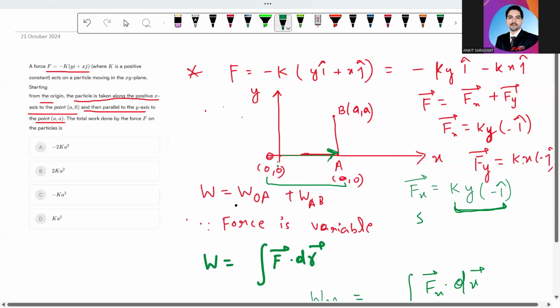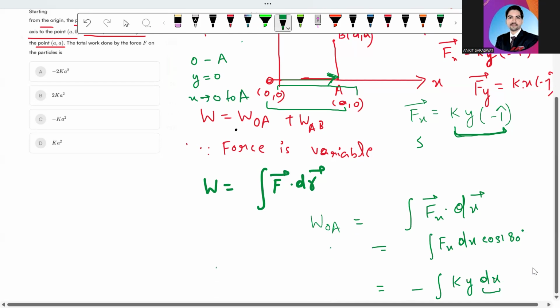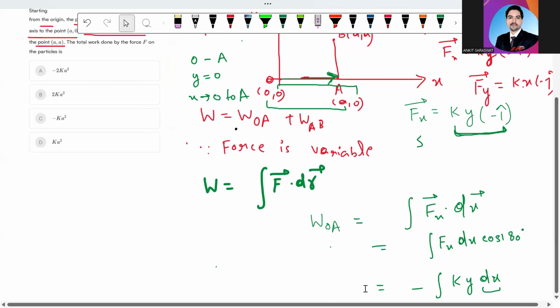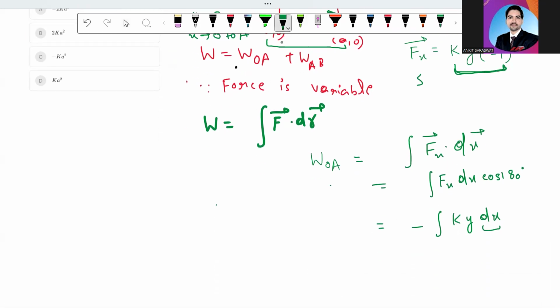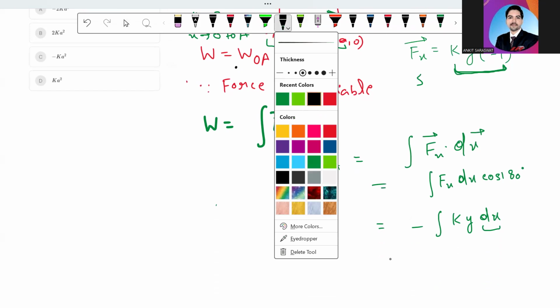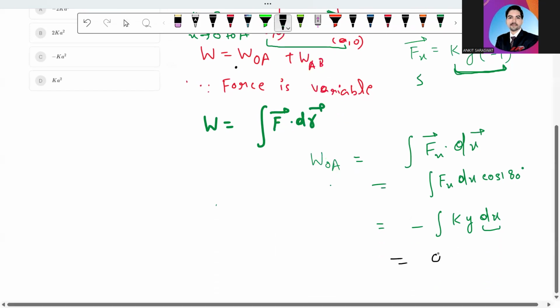But there is no change in y. So from O to A, y is 0 and x varies from 0 to a. Since y is 0, I will write simply 0.